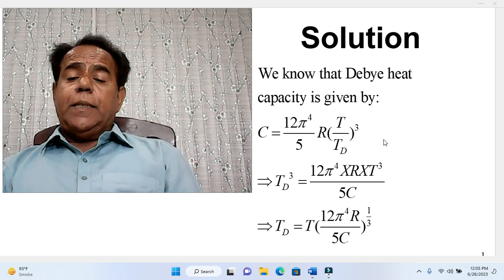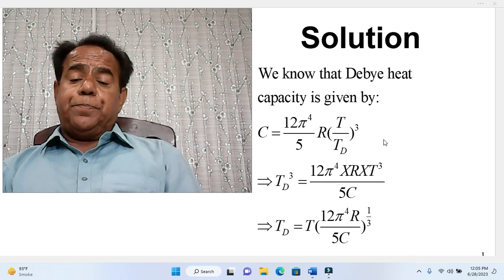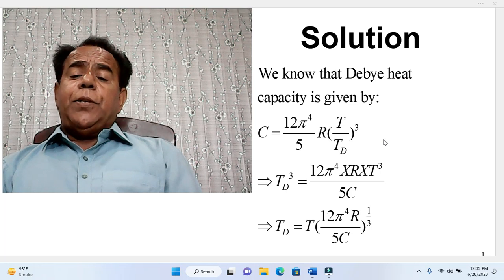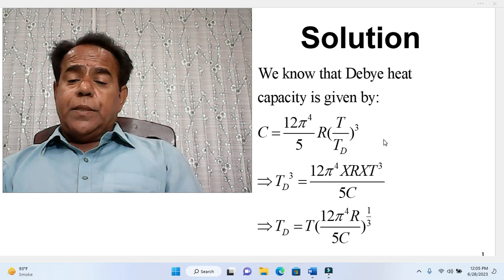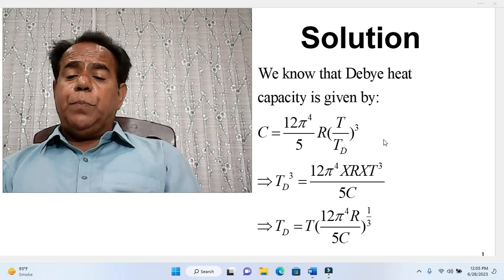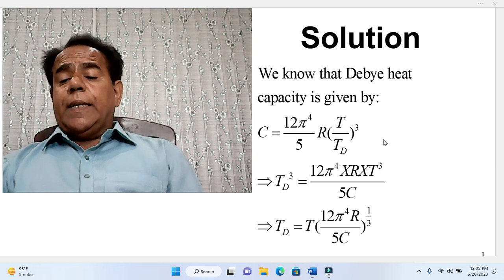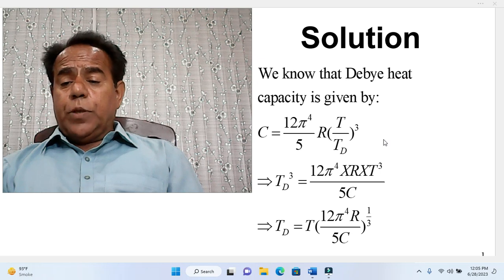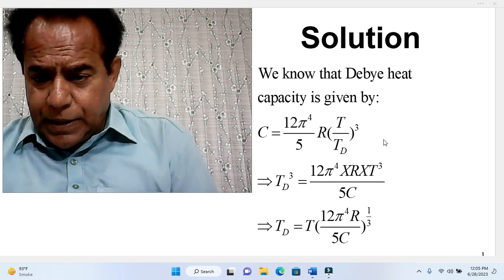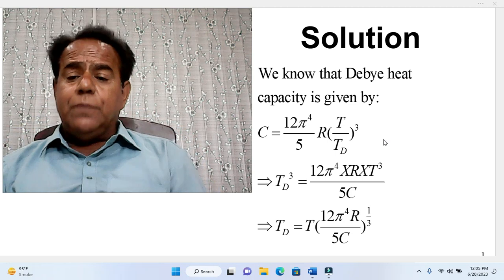From here, if we separate the Debye temperature cube, then it becomes T_D cubed equal to 12π^4 into R into T cubed over 5C.